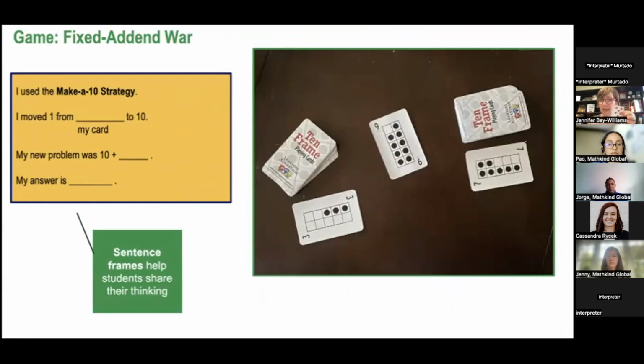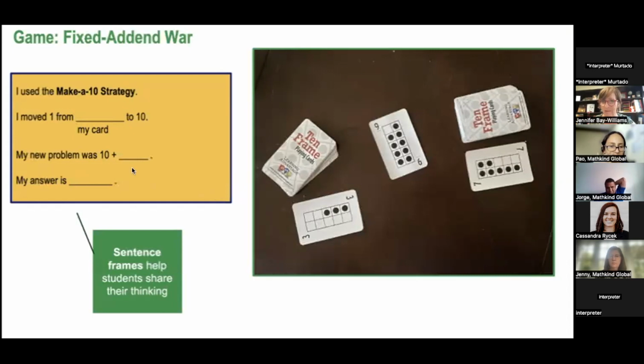And then you keep playing until somebody has all the cards. If you both get the same number, then it's war. Then you lay out multiple cards and you turn them up, and then somebody might win a whole bunch of cards. So this is a mathy version of that.